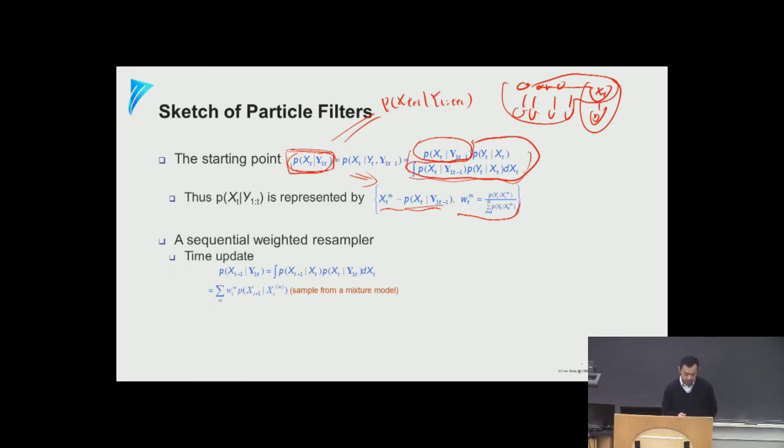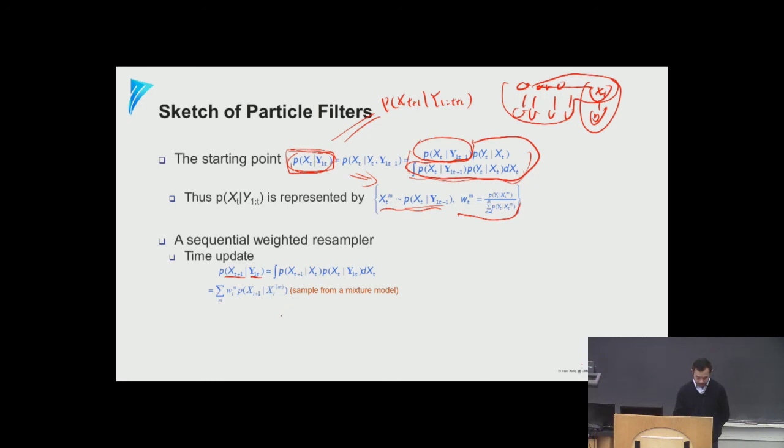First, we want to do a time update where we keep the evidence only until 1 to t. And then we're going to add one more time point in the hidden states.